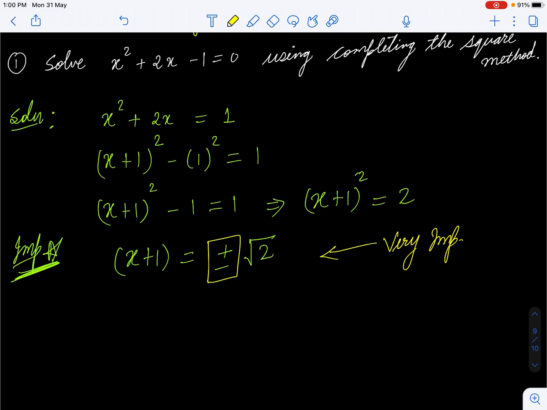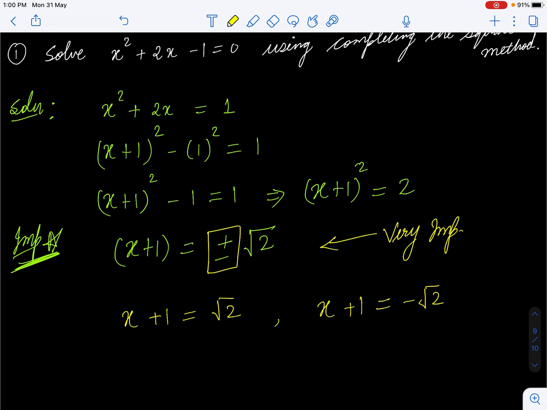Okay, so now after this I can write x plus 1 is equal to square root 2. This will give me one answer, and my next will be x plus 1 equal to minus root 2. This will give me the second answer. And if the question says you have to find the exact value, then you don't have to find the value of root 2 using your calculator.